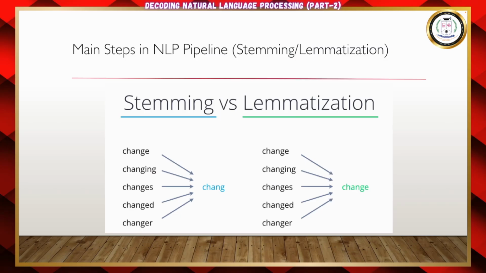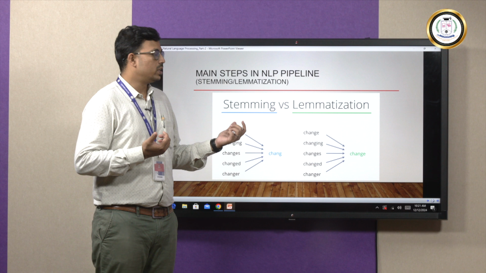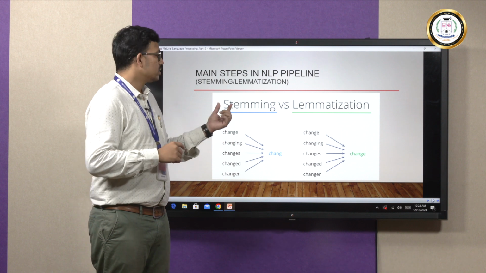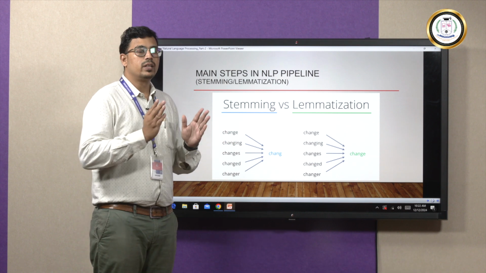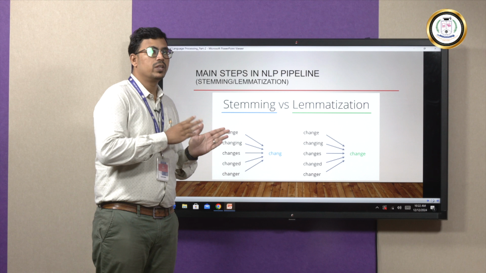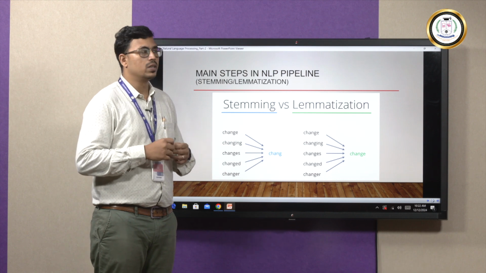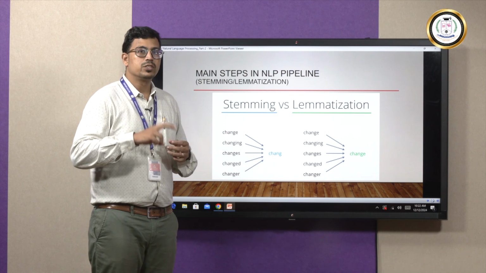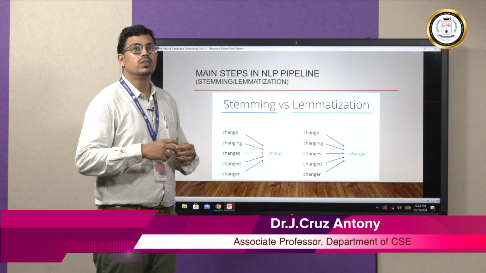For example, if you give the input word changing, changed, or changer, the base word should be change. That is the objective of both techniques. The only difference is that stemming blindly cuts short the prefix or suffix and gives the base word, whereas lemmatization checks a proper corpus called WordNet.